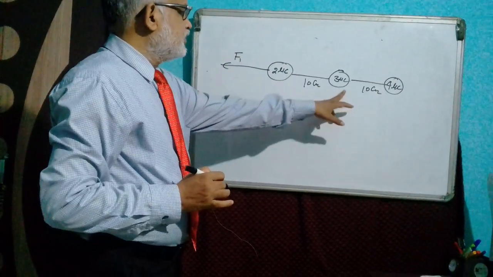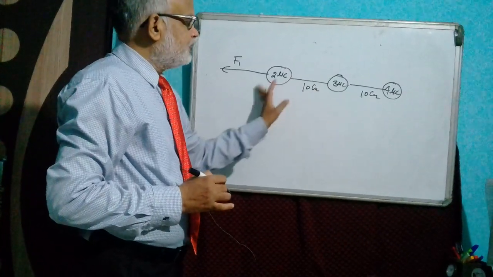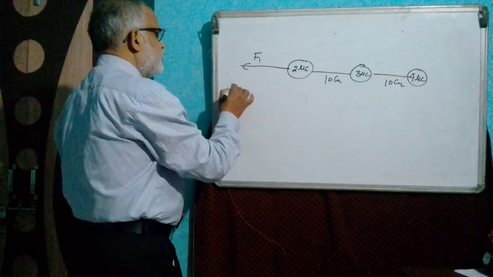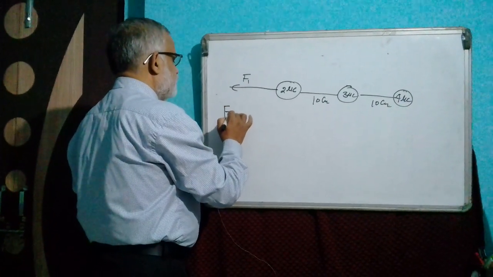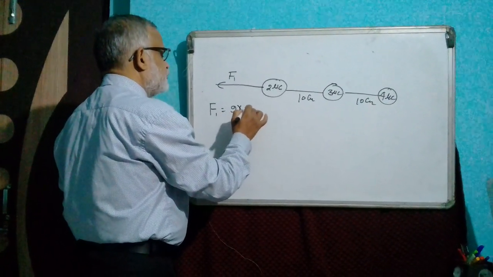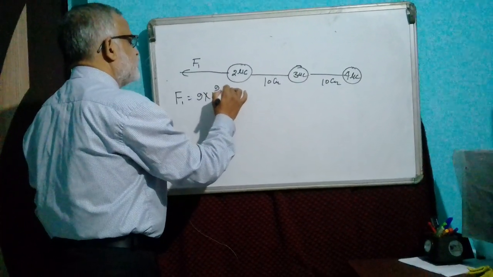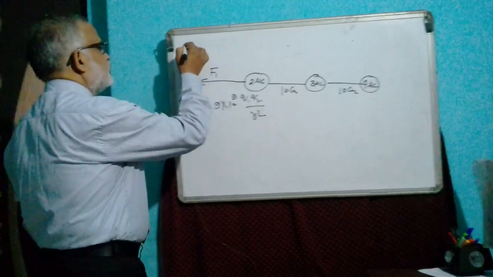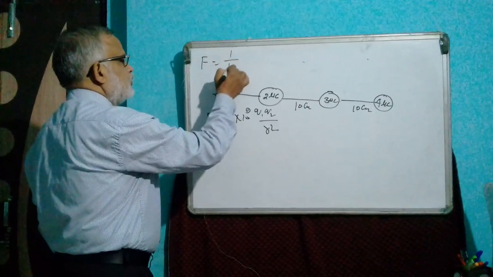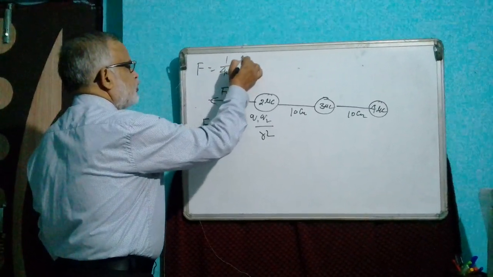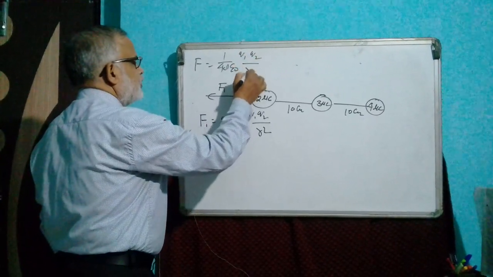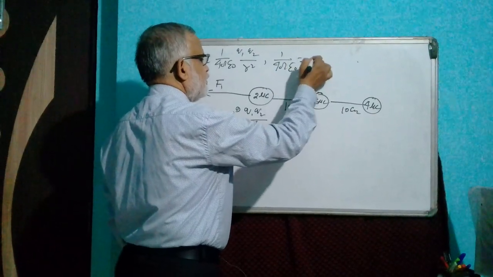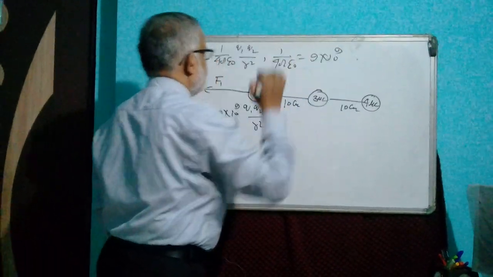These two charges are both positive, similar charges, therefore they repel each other, and F1 equals 9 into 10 power 9 Q1 Q2 upon R square, because we know F equals 1 upon 4 pi epsilon naught Q1 Q2 upon R square, where 1 upon 4 pi epsilon naught is 9 into 10 power 9.